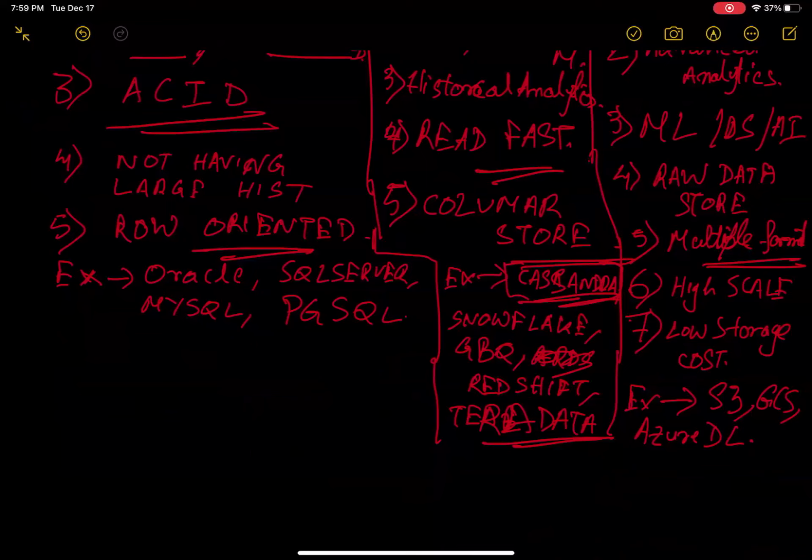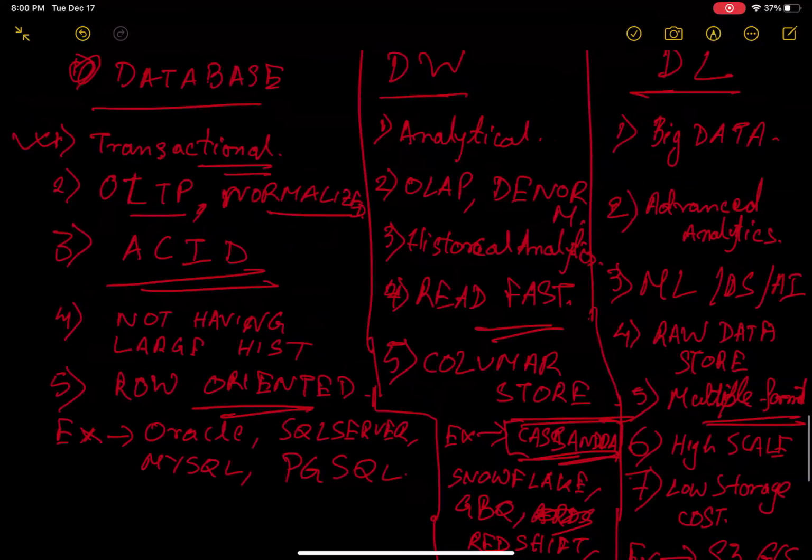A data lake is a storage layer, Partho. The data that you are loading into a data warehouse comes from somewhere. It might be extracted from an OLTP system, but then you might have to just store that data, not necessarily in a database.